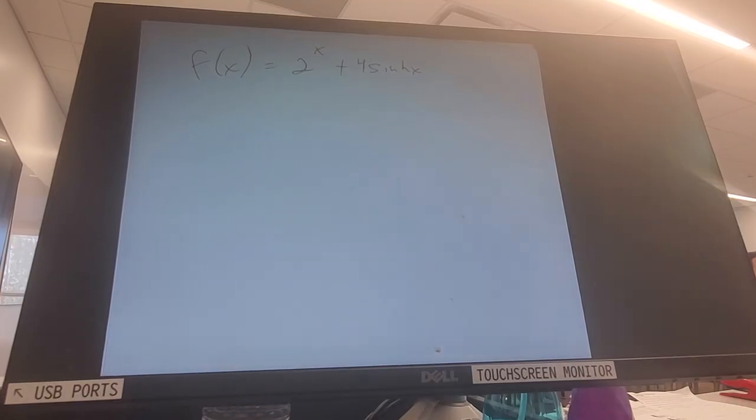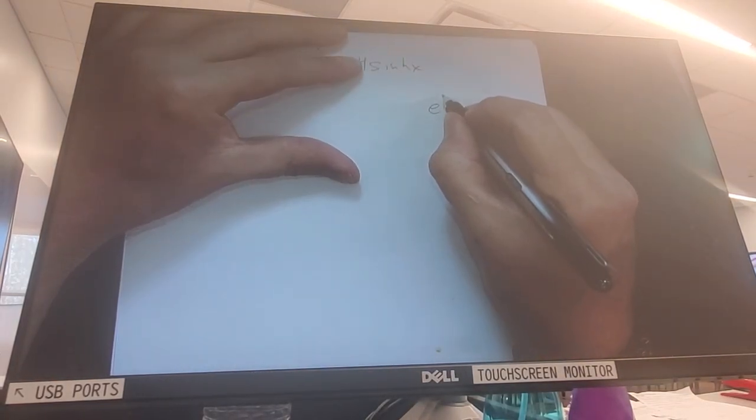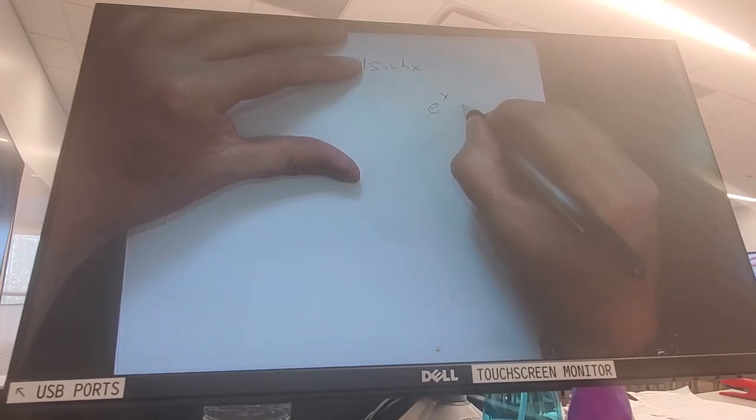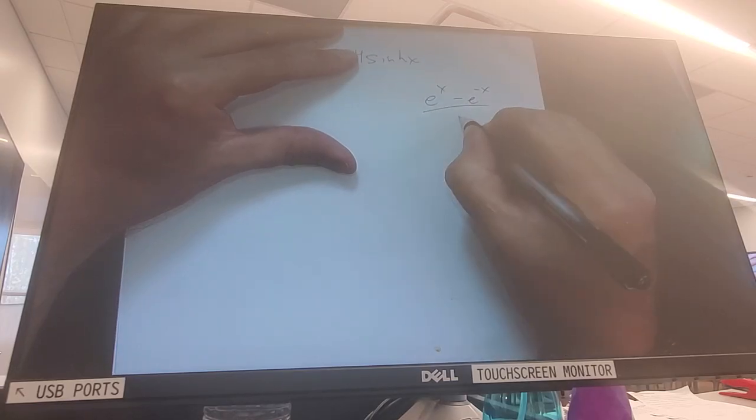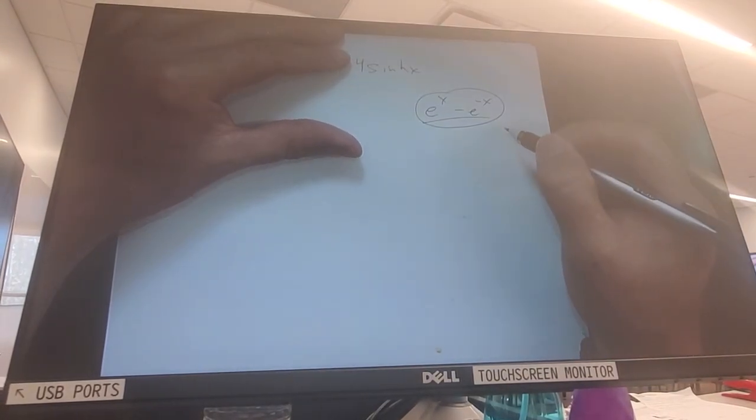So here is, let's see if Jeff can show off his bad memory. I believe hyperbolic sine, don't hold me to this, I should look it up, I think it's e to the x, I always forget this, minus e to the negative x over, I gotta look it up. They're based off of exponential functions.